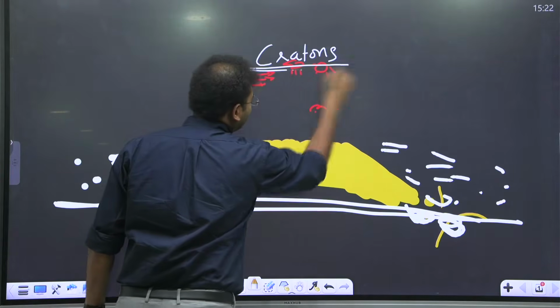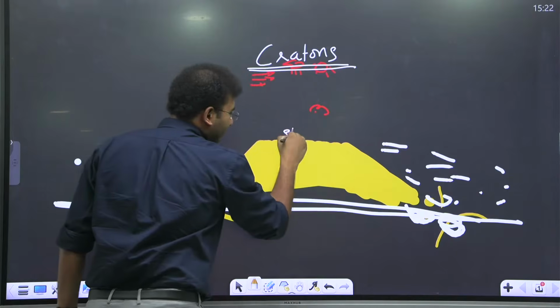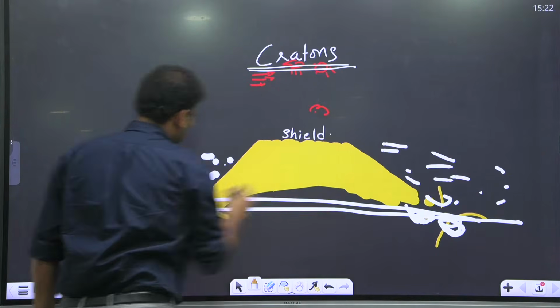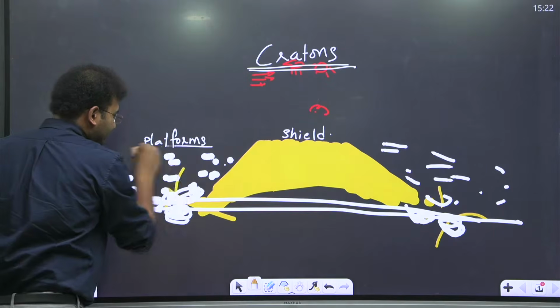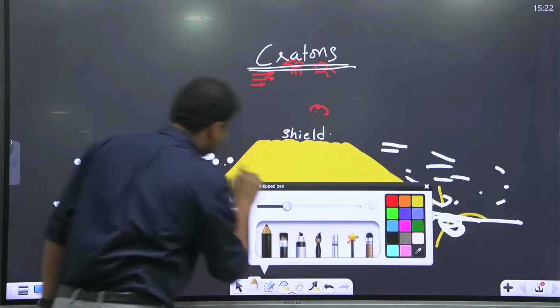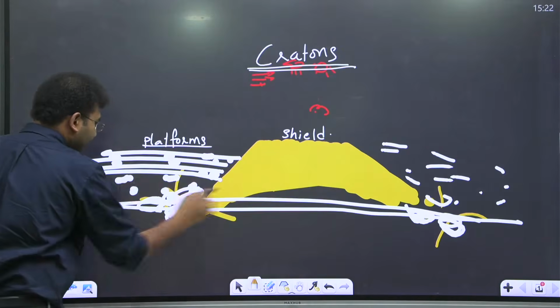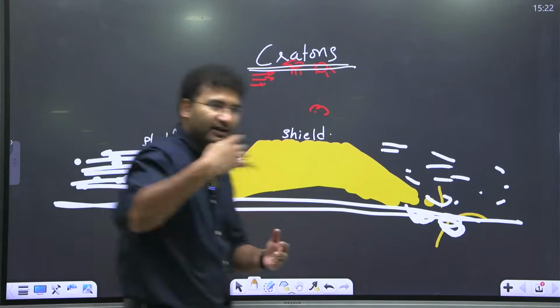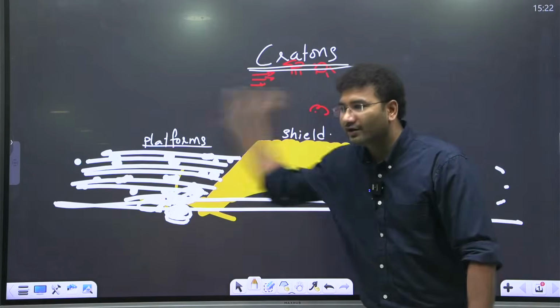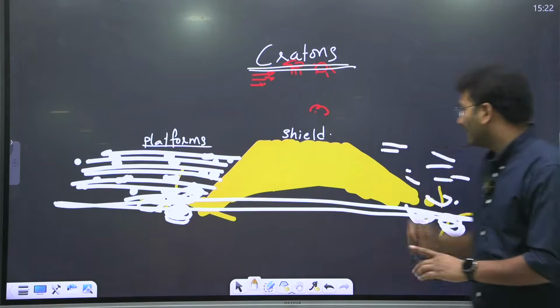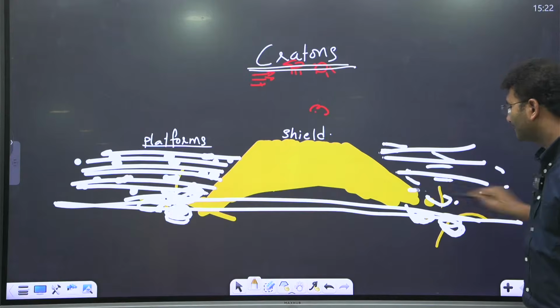Now what does a craton have? This is called the shield and this is called the platforms, right? These are platforms where layer by layer sediment started to form, which got eroded and deposited there.